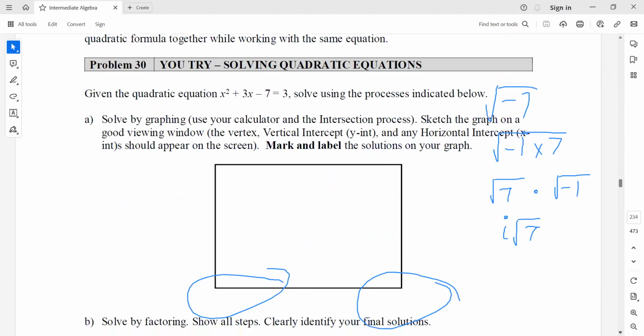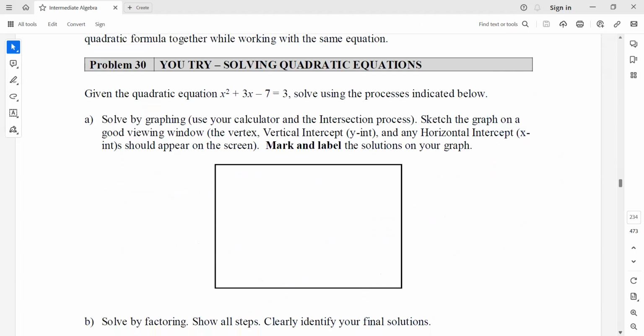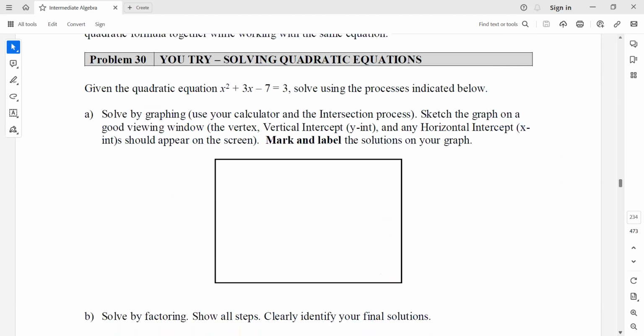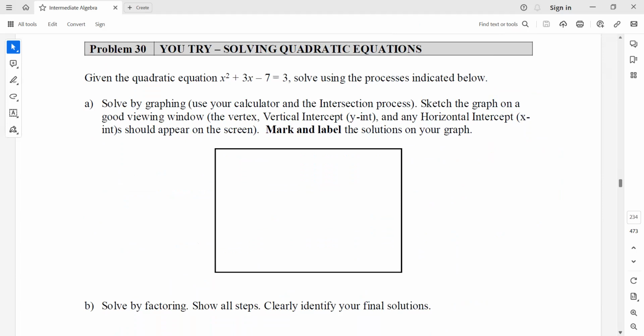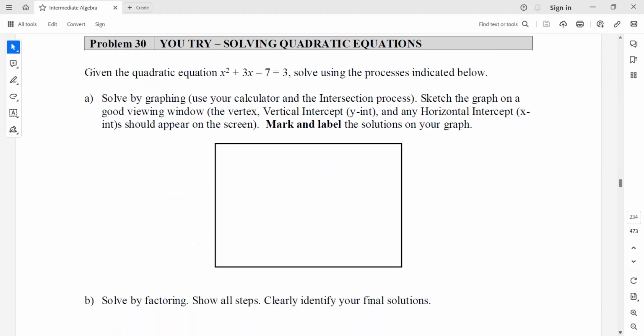Now, what about this one? It says solve by graphing, so we're going to do that. We have x squared plus 3x minus 7 equals 3.